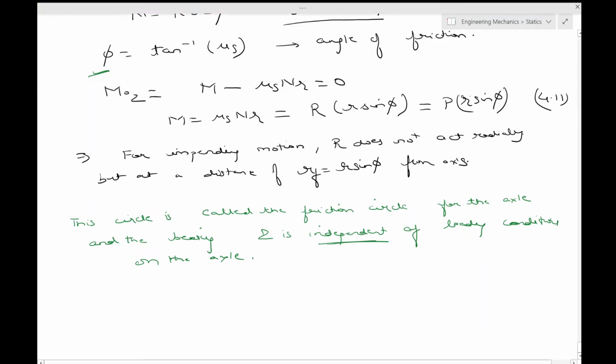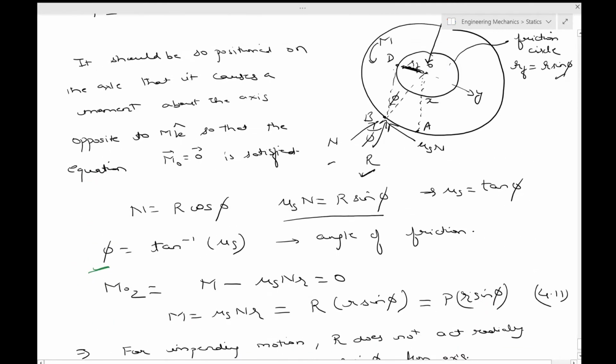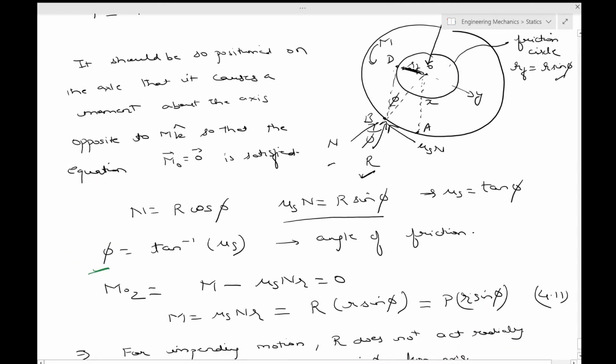Now you can clearly see from this that the contact occurs at B. That's why we are showing the friction over there, and it is some distance away from A. A is this distance which we had earlier intuitively thought would be the contact.